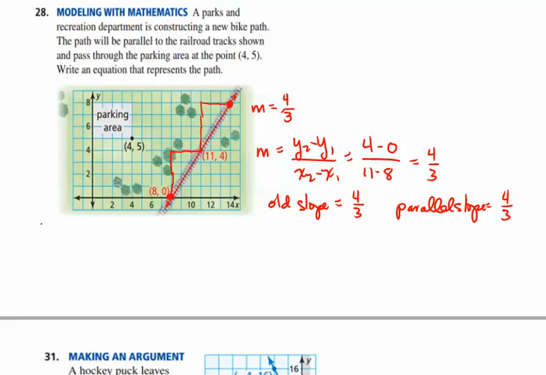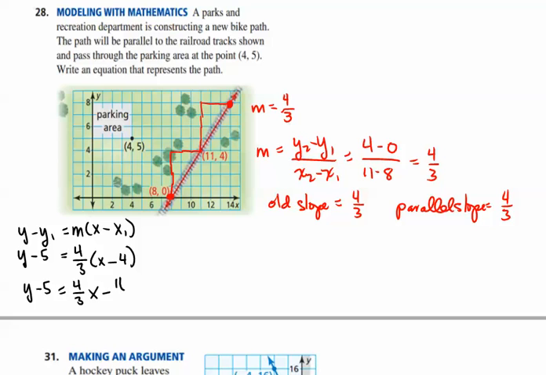So all we need here is y minus y1 is equal to m times x minus x1. y minus 5, that's our y coordinate, is equal to the slope, which is 4/3 times x minus 4. And we get y minus 5 is equal to 4/3 x minus 16/3. They want to give us a hard time here, so we'll have to deal with fractions and whole numbers.